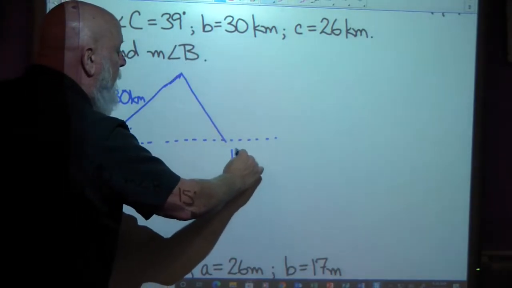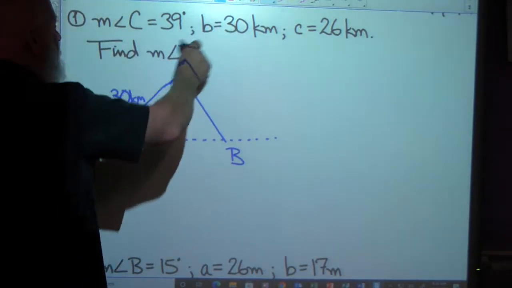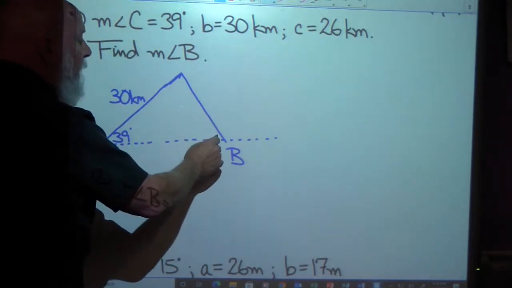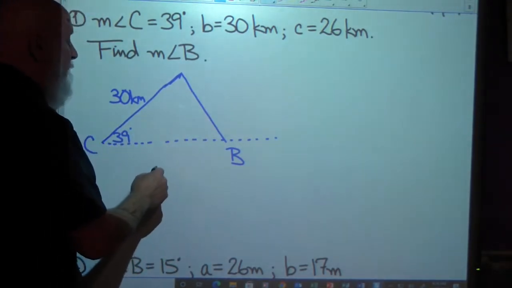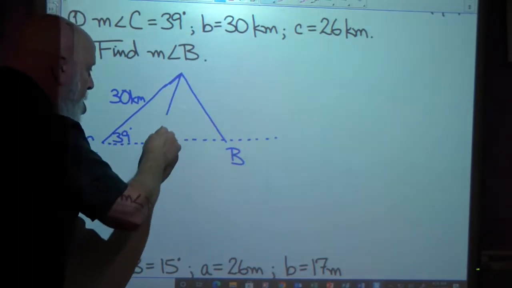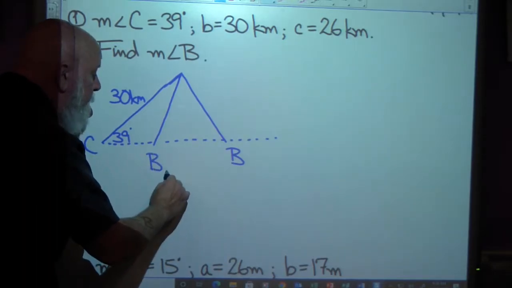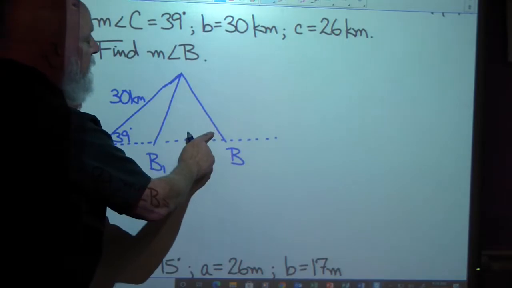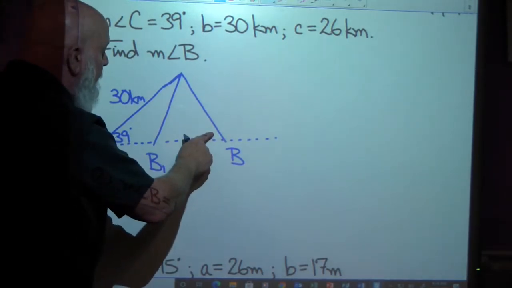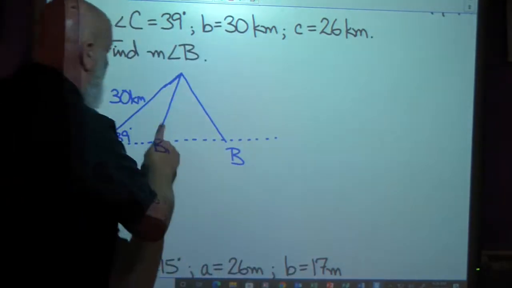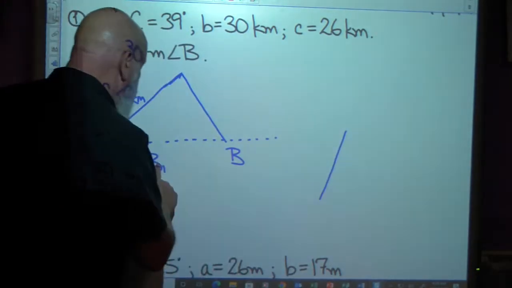I'm going to call it angle B. Here's side B. Since side B is 30, there's angle B, angle C. I'm going to find some angle B using the law of sines. And then I'm going to find this angle B, the other possibility. I'll call it B sub 1. And these two will be supplementary. So if this turns out to be, again, 50 degrees, this would have to be 130. We're going to be rounding to the nearest tenth. So we'll deal with this one here in just a second.